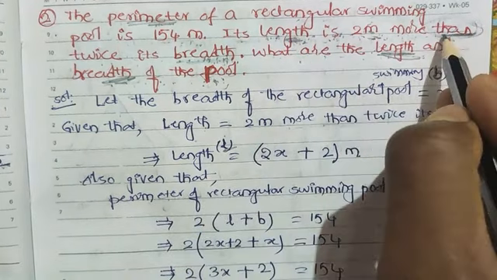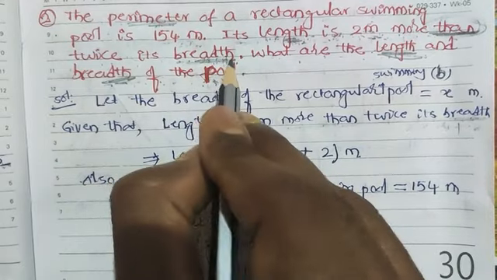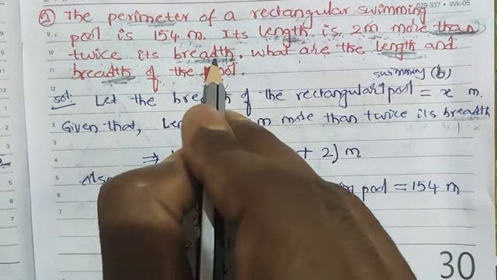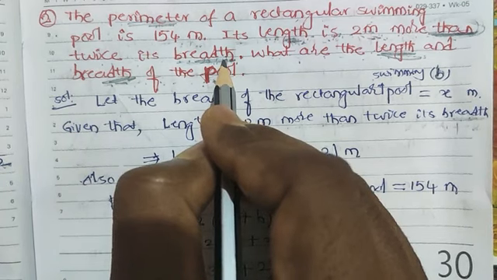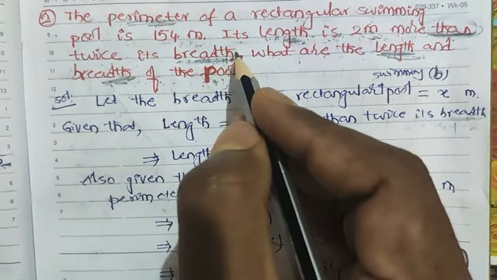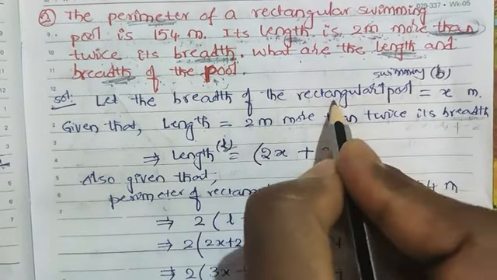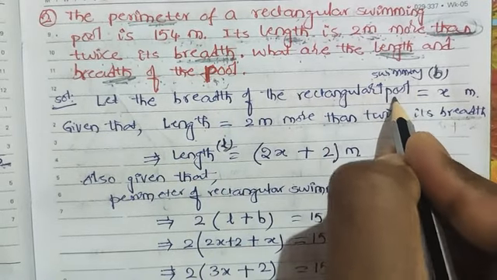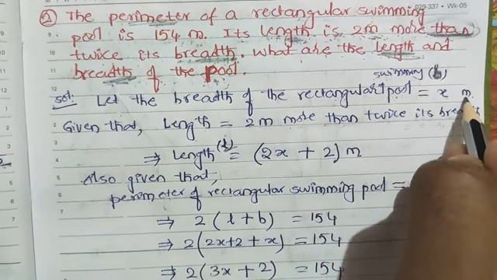Another technique: breadth is there, so that one you can take as x. Now, as per these two hints, let the breadth of the rectangular swimming pool be b for breadth, equal to x meter.